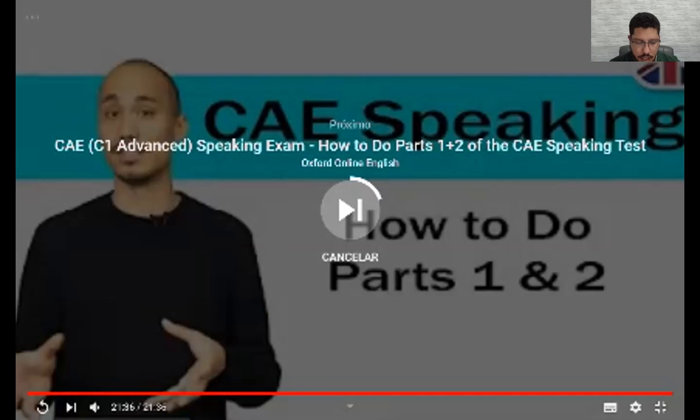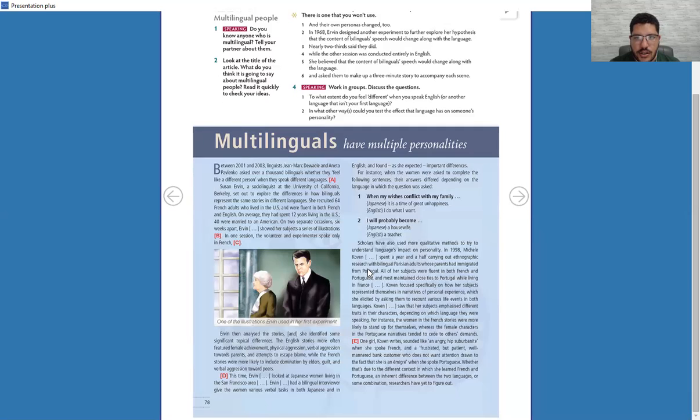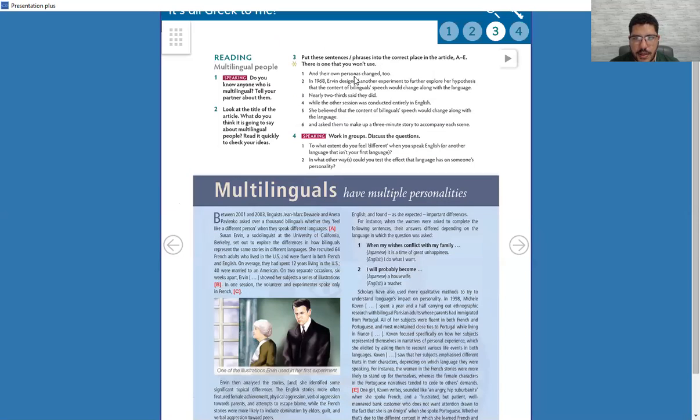So what I want you to do, you're going to practice on page 78. I'm going to share the screen here again. It's going to be much better if you use your book. So page 78, and you're going to do this exercise number 3 here. Now it's not paragraphs but sentences that you have to put between other sentences.